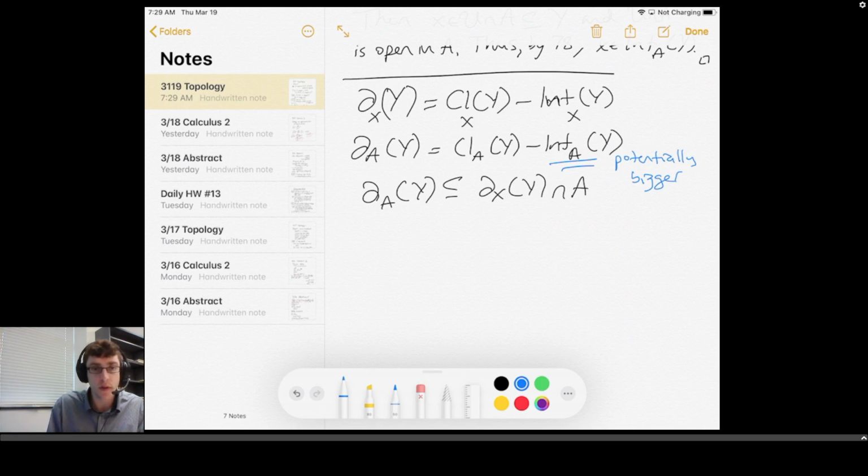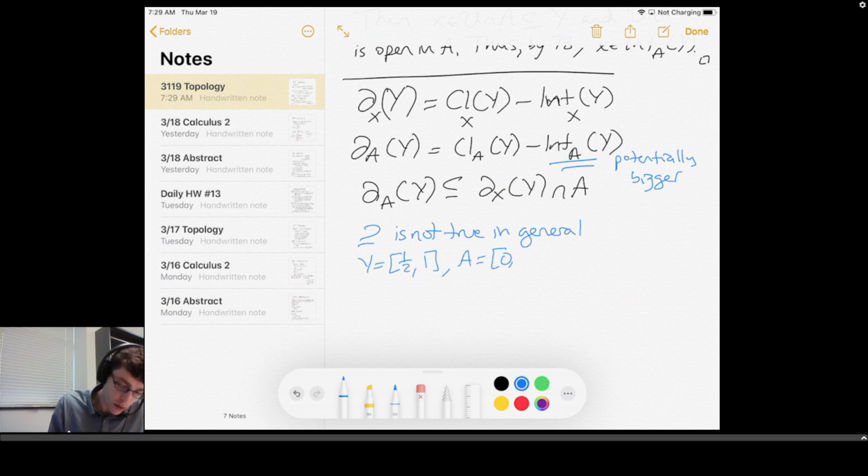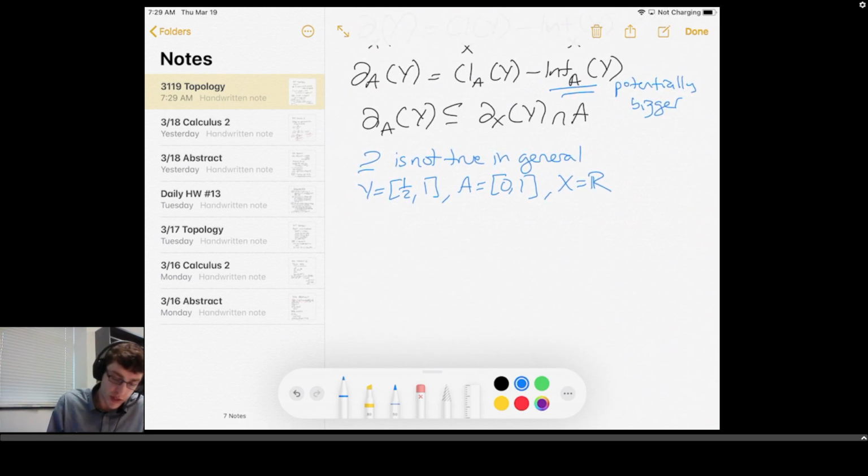Let's first prove that the other way doesn't happen. So, is not true in general. Our first counterexample should still work, right? Because that's exactly an instance where the interiors are different. So we should be able to look at this guy, exactly, yeah. Okay, and so what is the boundary of Y in A?